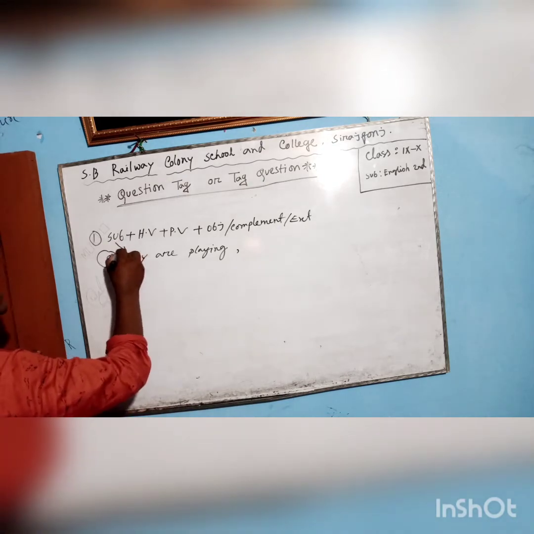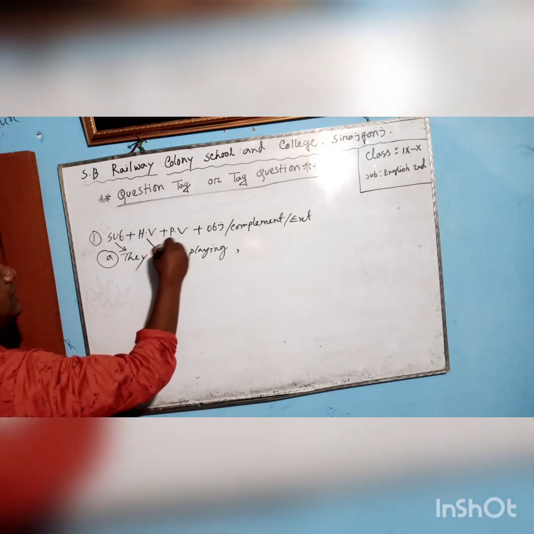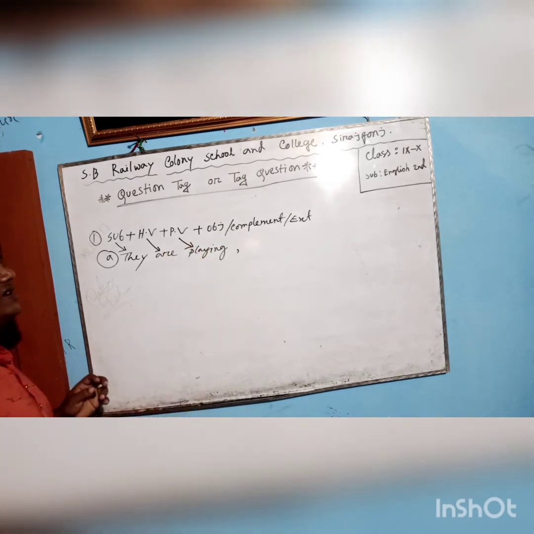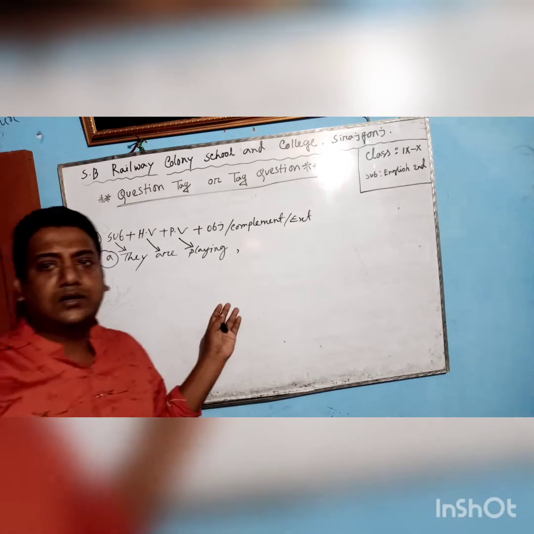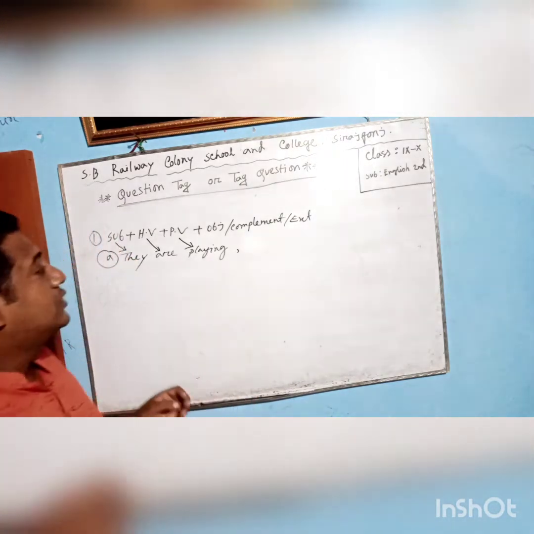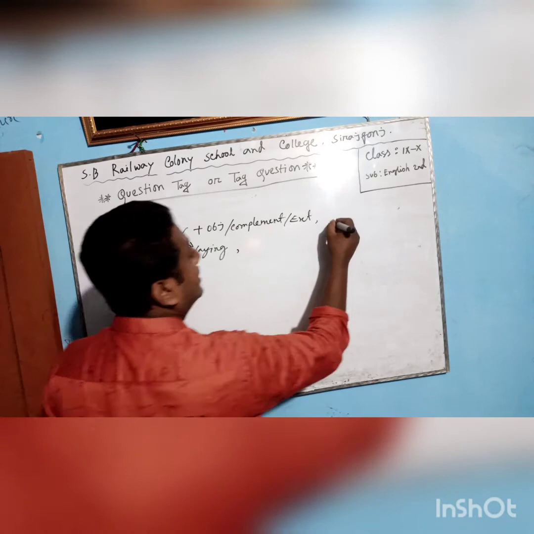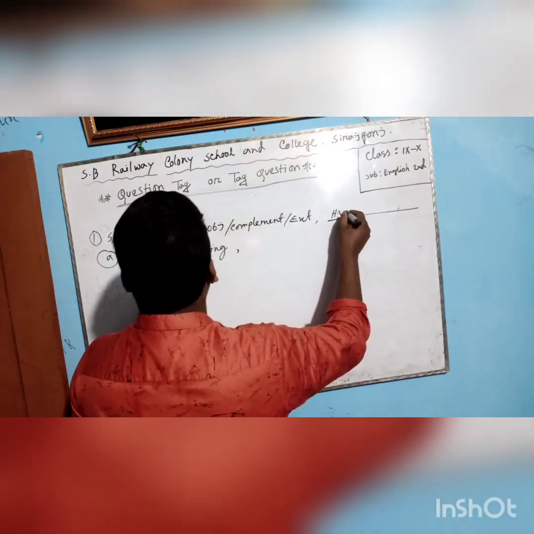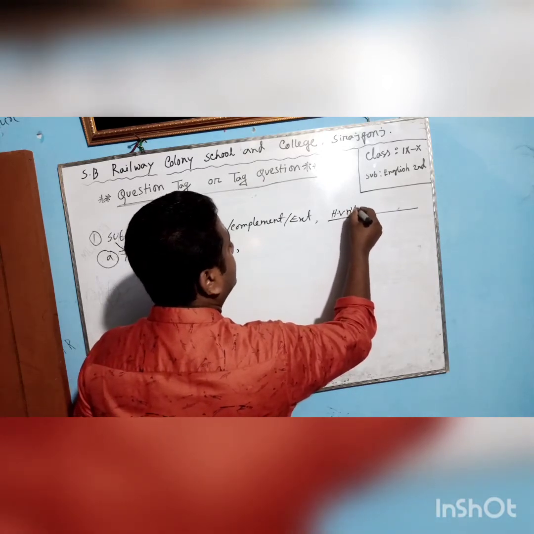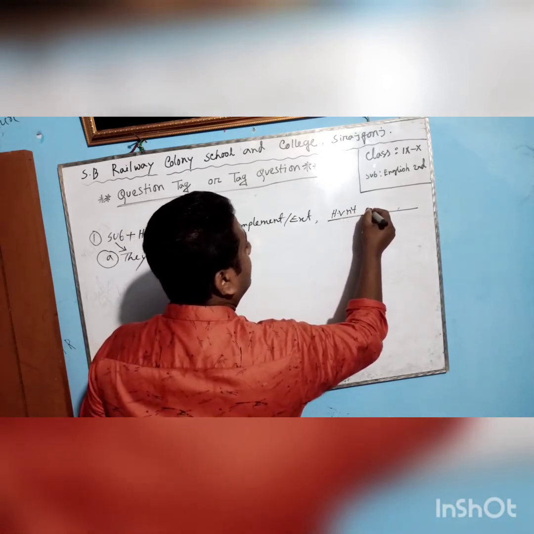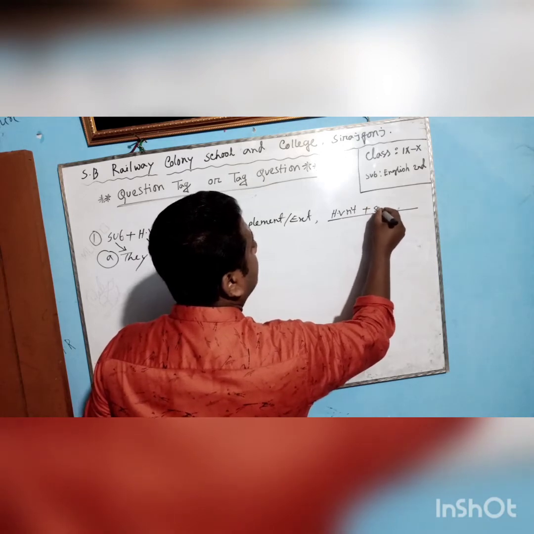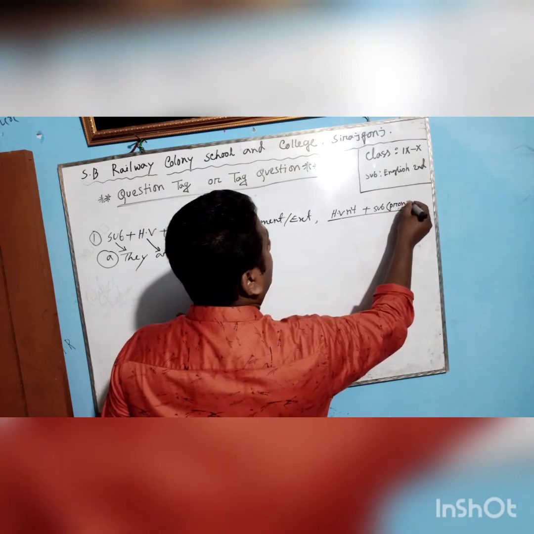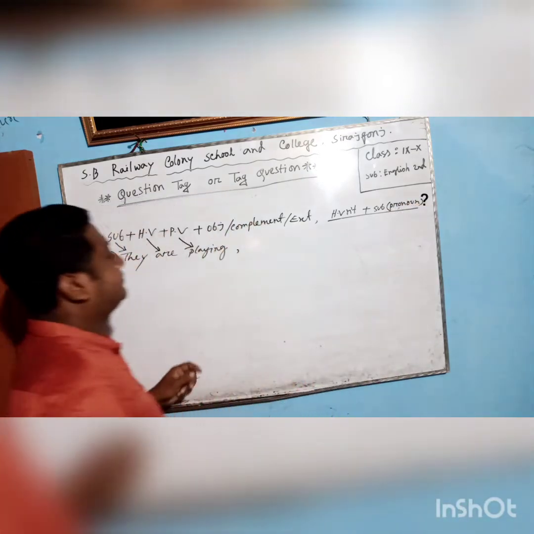This is subject, helping verb, principal verb, and in this sentence we do not have any object. Then our tag question, or question tag, is HV plus n't plus subject pronoun.